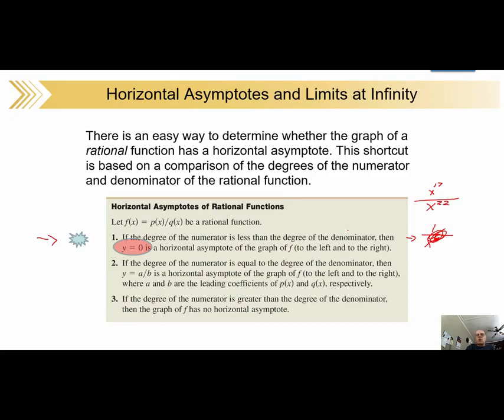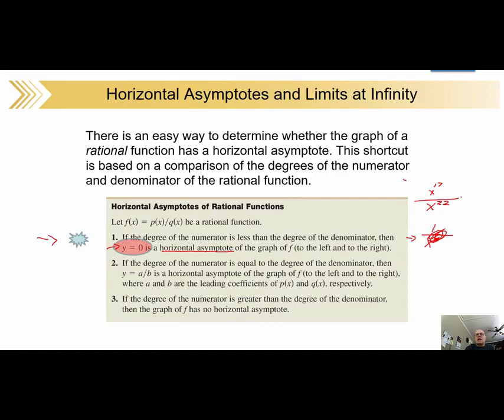The deal with number 1 is, if the degree in the denominator is bigger, then you're going to have y equals 0 as your horizontal asymptote. Very easy. All you have to do is look at the degree of the function.